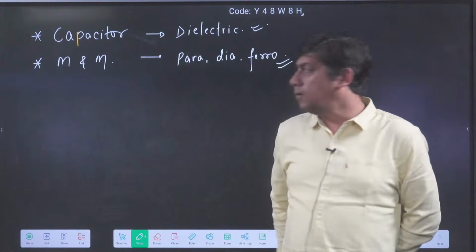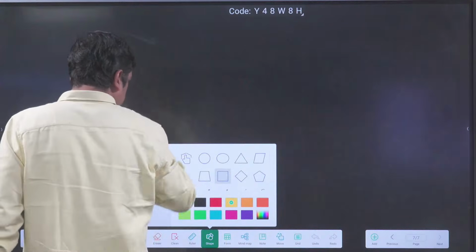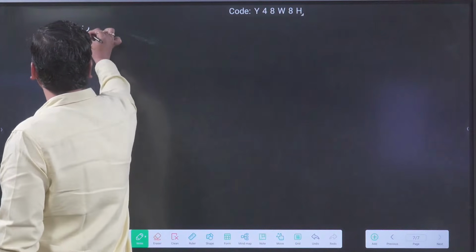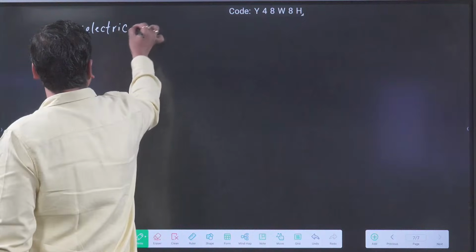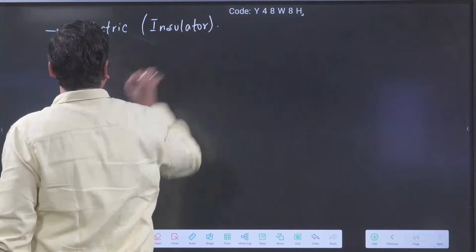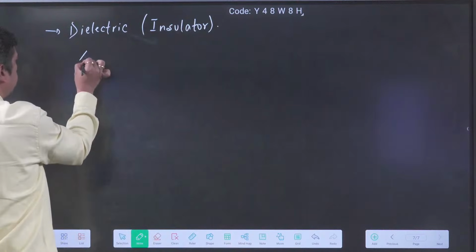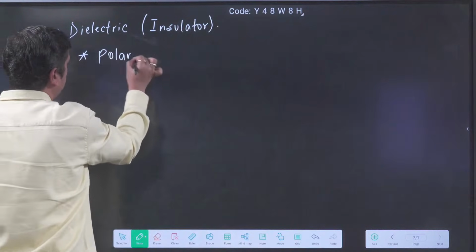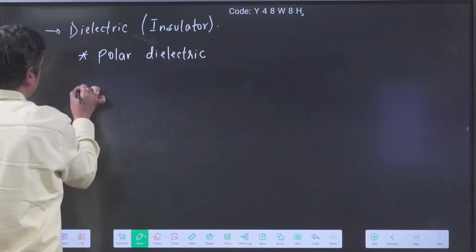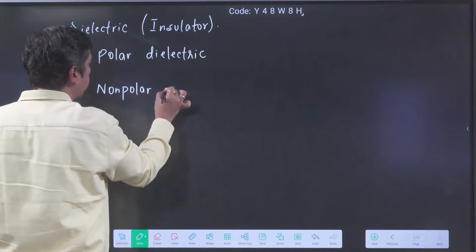Let's start then. Coming to dielectric. The general meaning of dielectric is insulator. There are two types of dielectric: one is polar dielectric, another is non-polar dielectric.